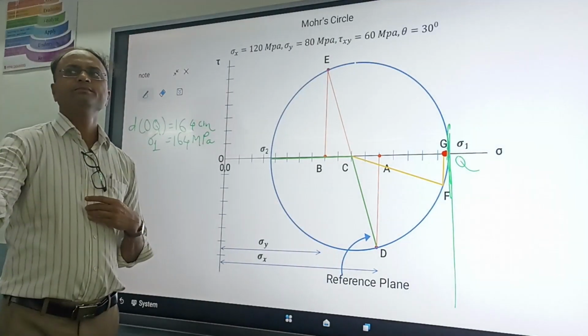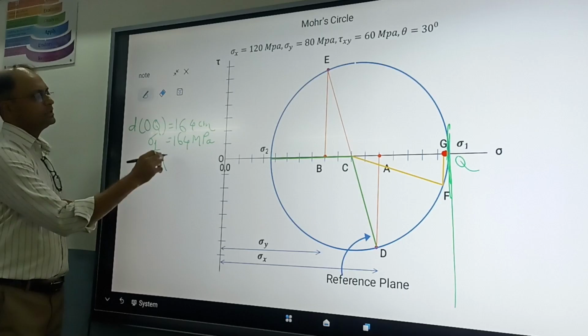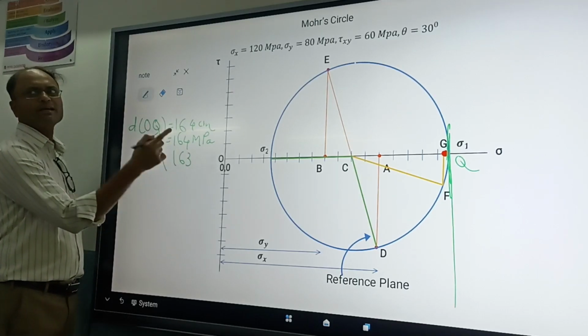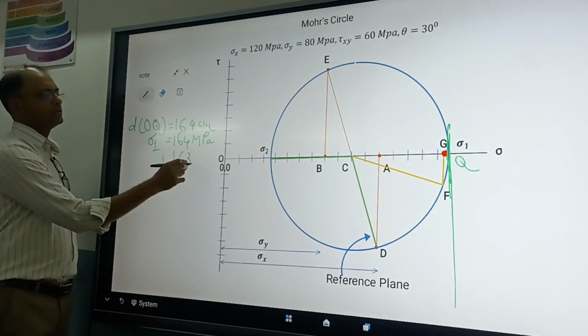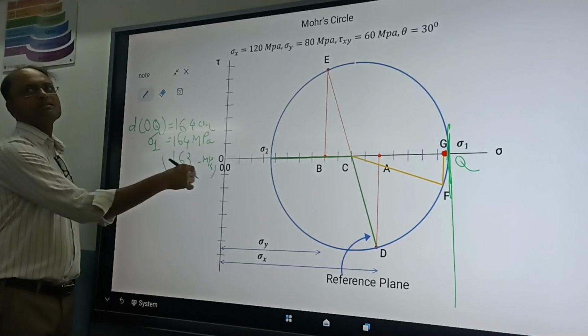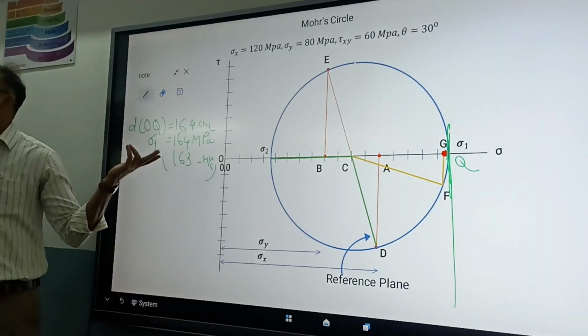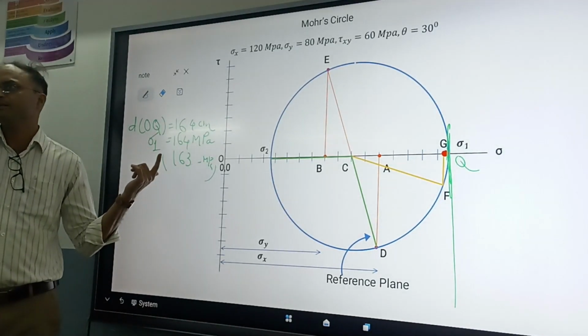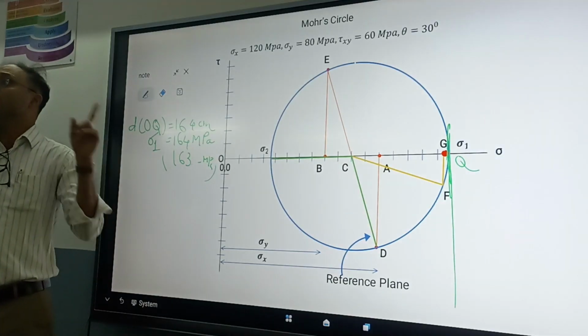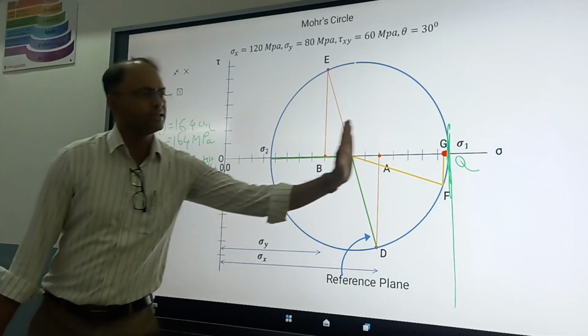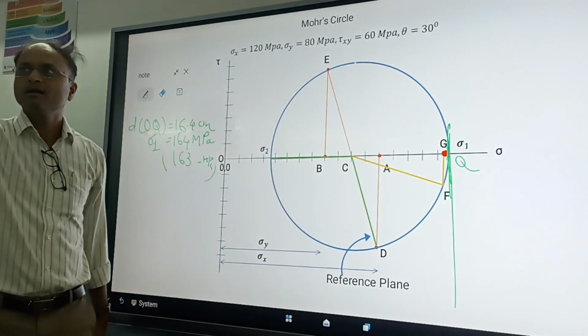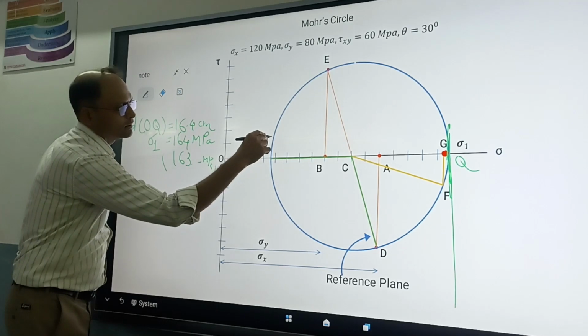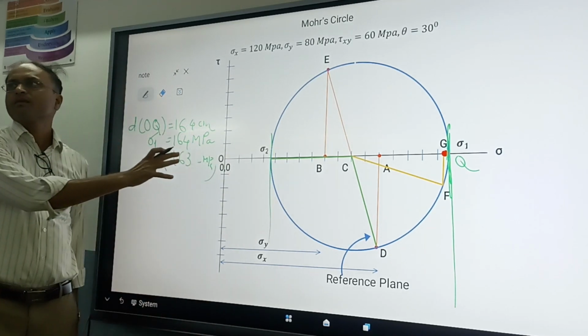Analytical value. Analytically the value was 163 point something. Graphically we are getting 164, that is acceptable. Can someone tell where the minor stress will be? This is the major stress. The minor will be on this distance.